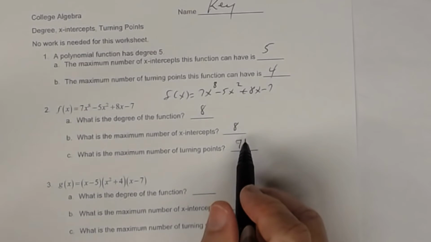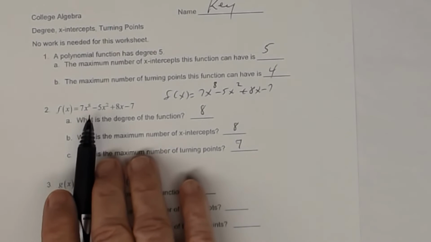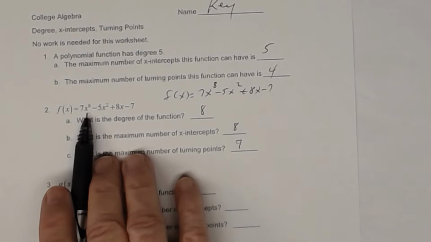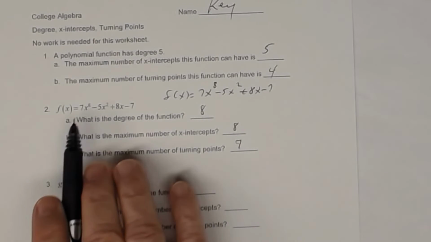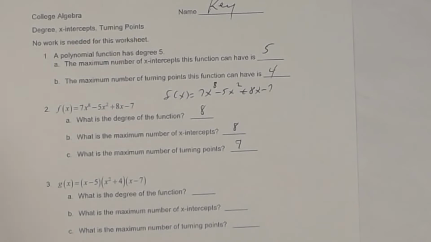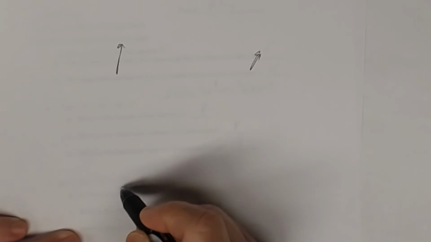Now, just to let you know, when the degree is even, the end behavior, just to remind you about the end behavior. When the degree is even, remember, the arrows point in both directions, either like this or like this, right?